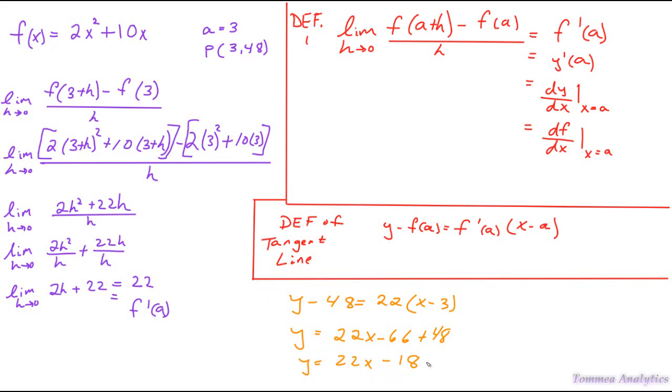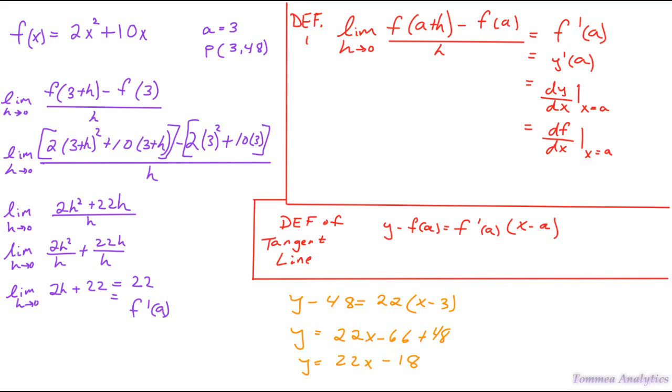To get this equation, we usually have to do this work to get the slope, which was 22. We had the point (3, 48), but we did not have the slope. So with the point and slope, we can use the definition of the tangent line to get the equation of the tangent line. And I'm going to show you how to do that.